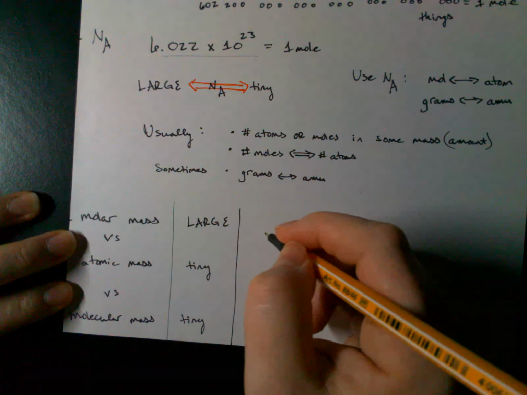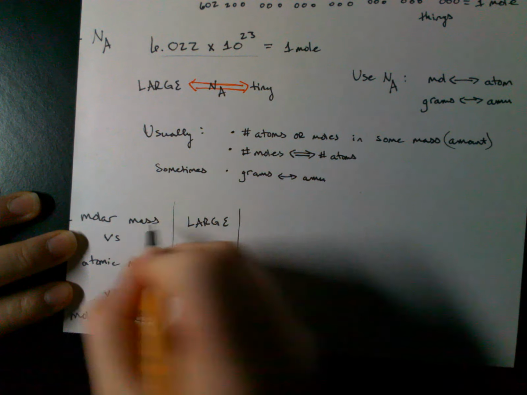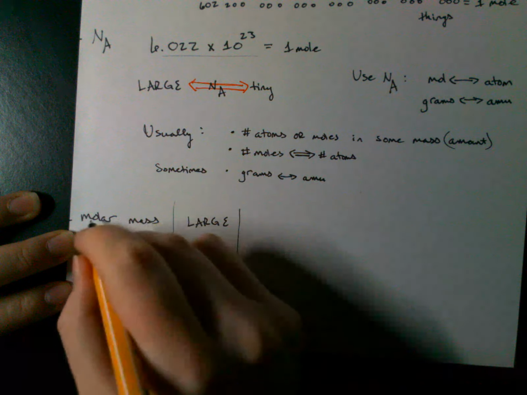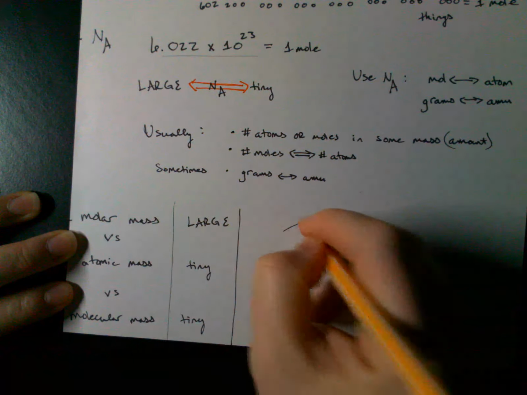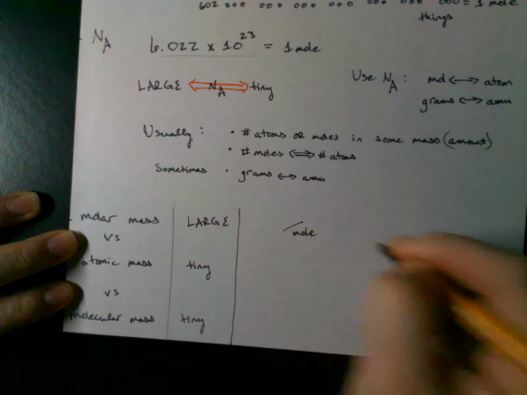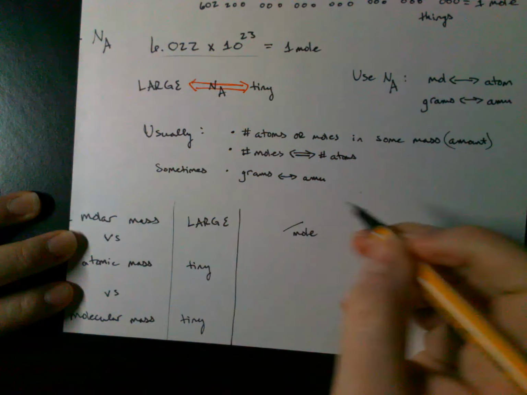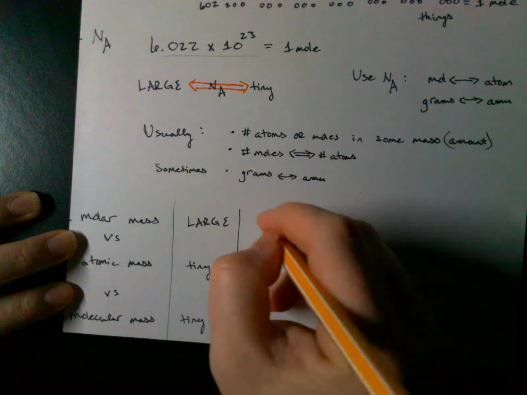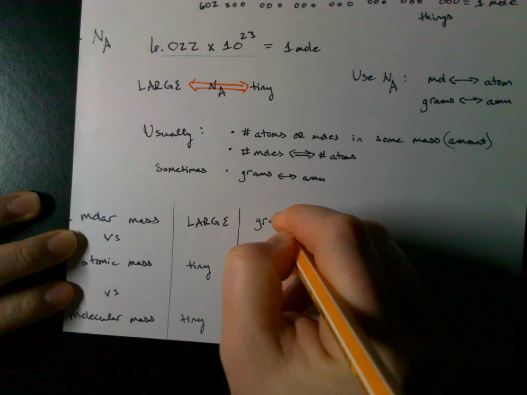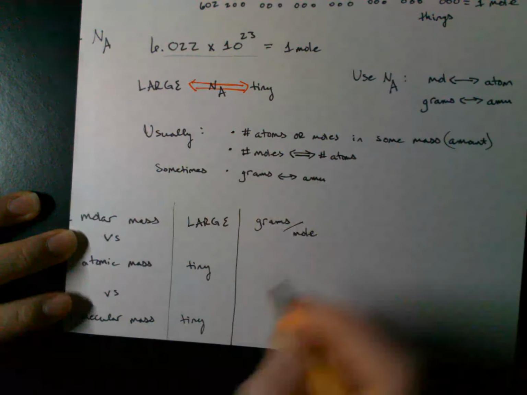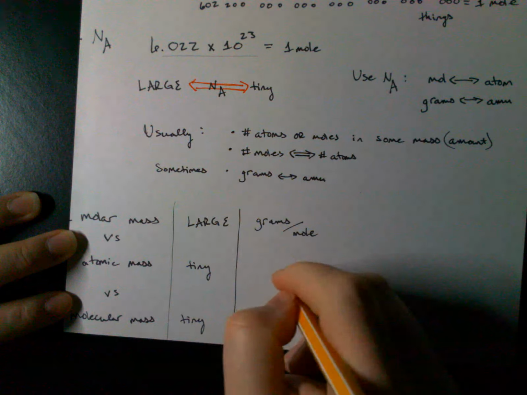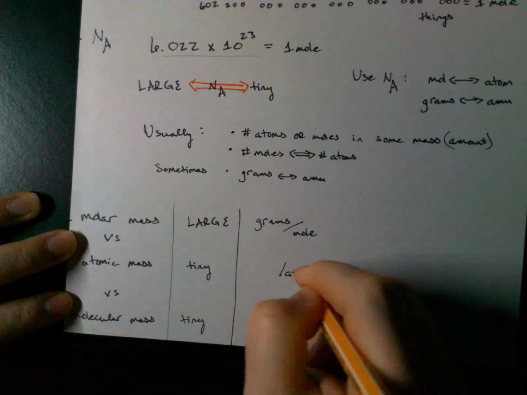So if I were to look at the units for molar mass, anytime you have molar, this is literally saying the mass of a mole. So I want some mass per 1 mole, okay? And the mass unit that's appropriate to go with moles is grams. If I have an atomic level, then I'm going to want something per atom.